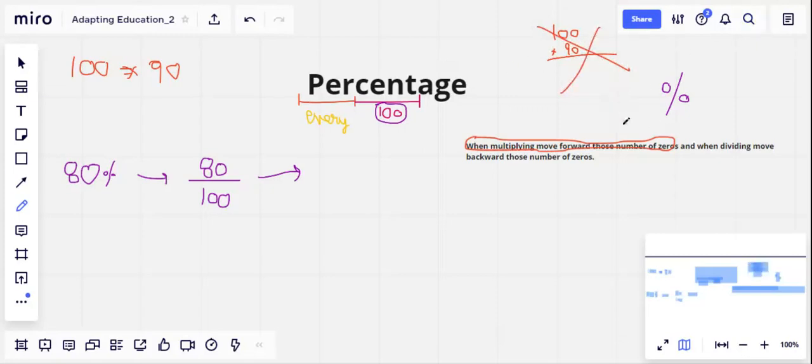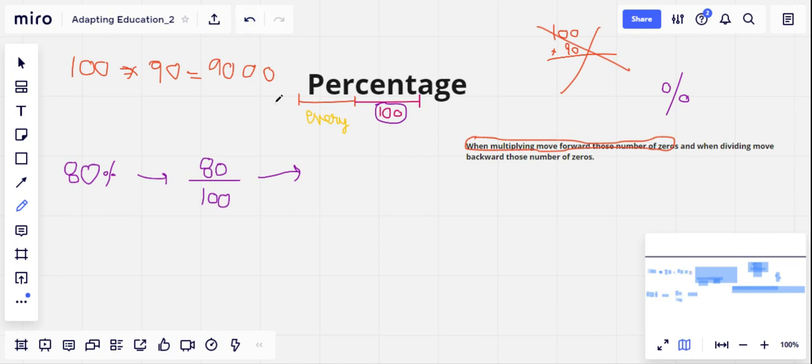When you're multiplying with 10, 100, 1,000, 10,000, something which ends with zeros but is a multiple of 10, you'll just add those number of zeros. So there's one zero from 90 and these two zeros, 1 and 2, which results in 9,000, and you can google it out. It's going to be the same answer.